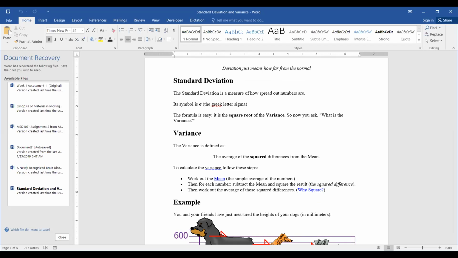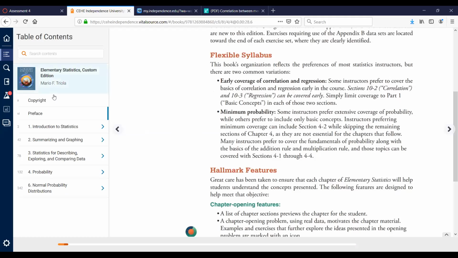Let's see. Got this. Okay. Let's talk now. Let's go back to our text here and look at the concept of z-score.